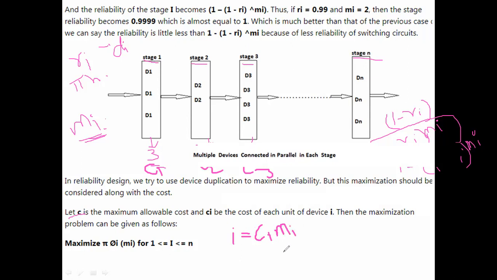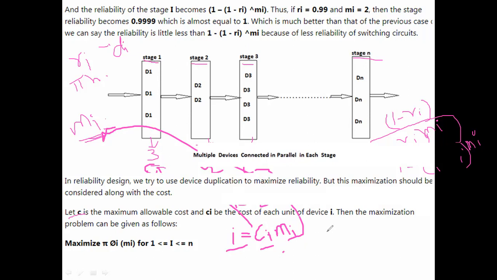Mi, we already know, is the total number of devices. And C1 is the cost of stage 1. Suppose stage 1 is C1 M1, stage 2 is C2 M2.